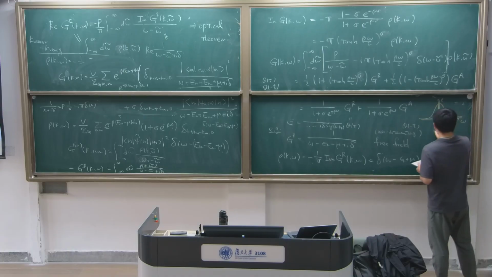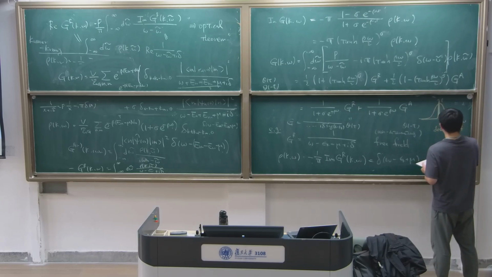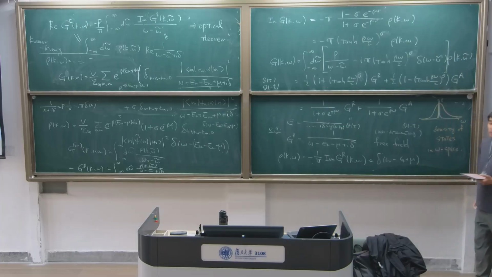So this can be understood as the density of states in omega space, in frequency space. You can understand that the spectral function can be understood as the density of states. That's what's really happening.